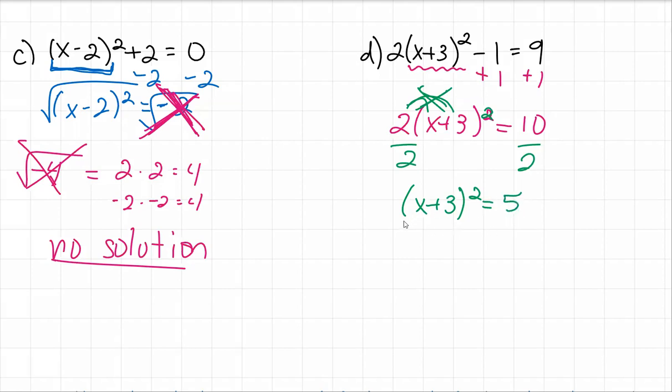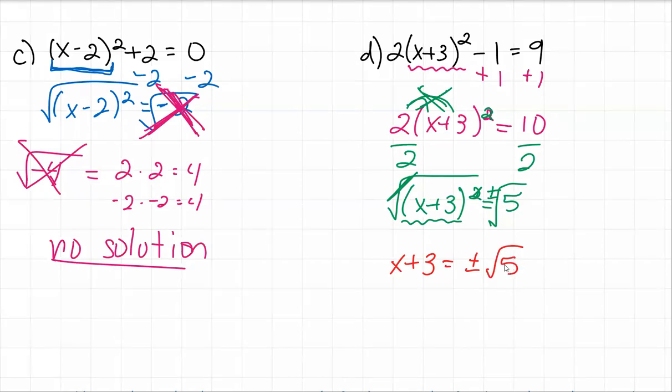Now I have the squared thing by itself. It's okay if it's an x plus 3; we're going to see how to deal with that in a little bit. Let's square root both sides, plus or minus. Square root undoes the square. I'm left with x plus 3 is equal to plus or minus square root 5. I can't simplify square root 5, so it stays like that.